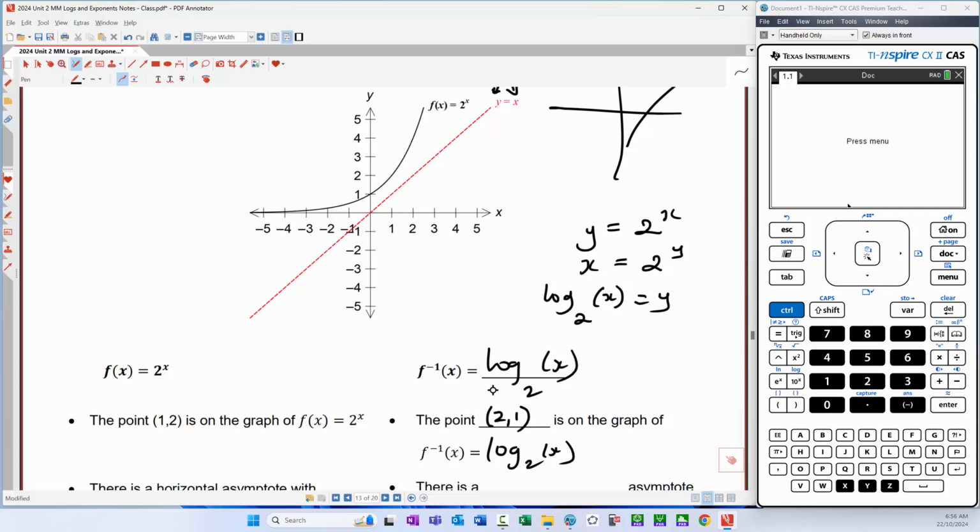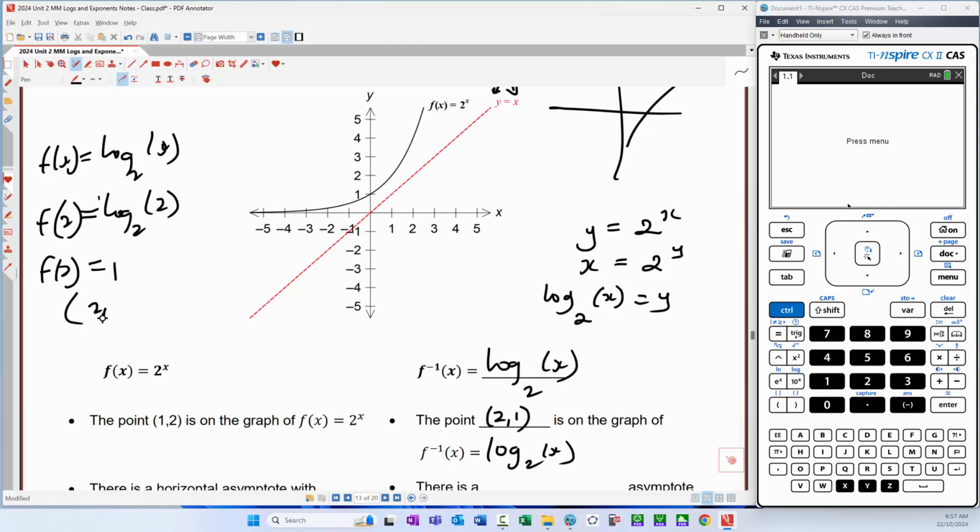Let's just test it if you don't believe me. If f of x equals log base 2 of x, what would be f of 2? The log function should produce 1 as an answer. So it's log base 2 of 2. 2 raised to what power will return itself? The answer has to be 1. So therefore (2, 1) is a point. All right, so let's mark that one in.